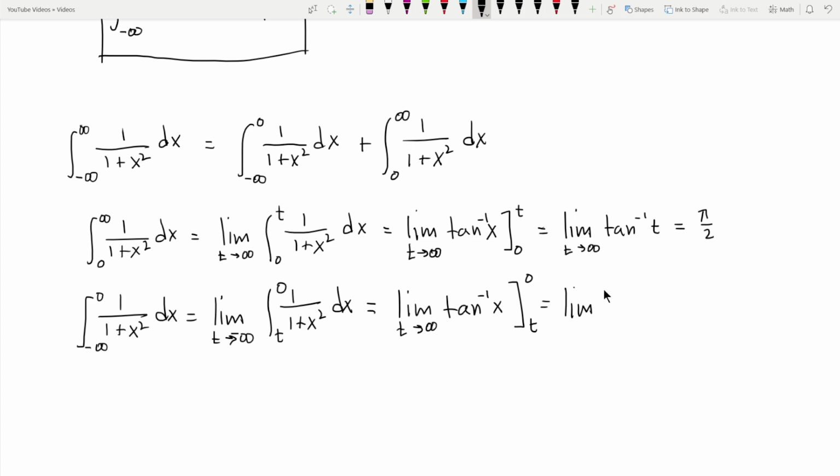Let me actually write this one out, because this one has a sign. When I plug in 0, I get 0 minus, when I plug in t, tan inverse of t.